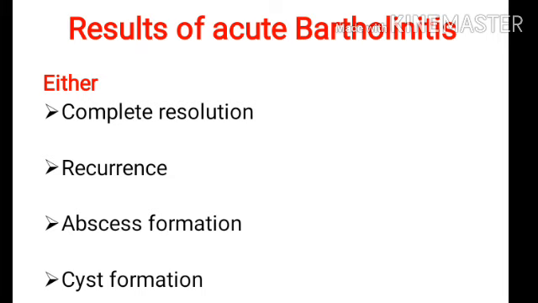There will be either complete resolution or recurrent Bartholinitis, or it may lead to the formation of a Bartholin's abscess, or in some conditions it may form a Bartholin cyst. These four are the after effects of acute Bartholinitis: complete resolution, recurrence, abscess formation, or cyst formation.